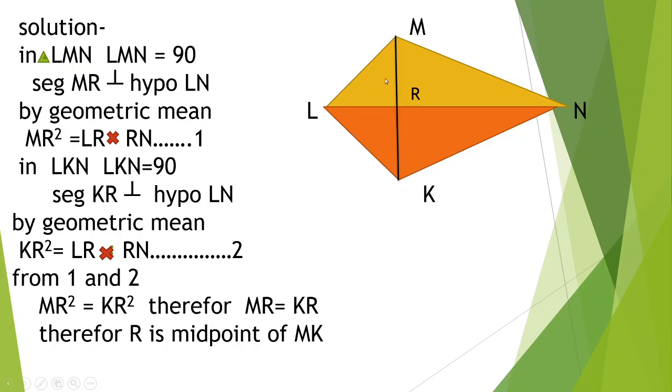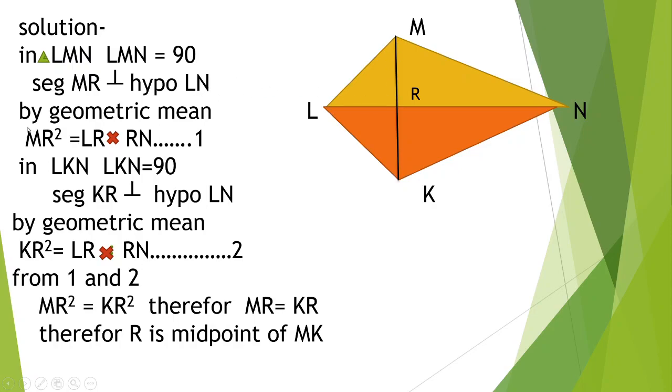So I take first the right angle triangle LMN. In LMN, MR is perpendicular to LN. LN is the hypotenuse because LMN is a right angle triangle, so LN is the hypotenuse and MR is perpendicular to LN.